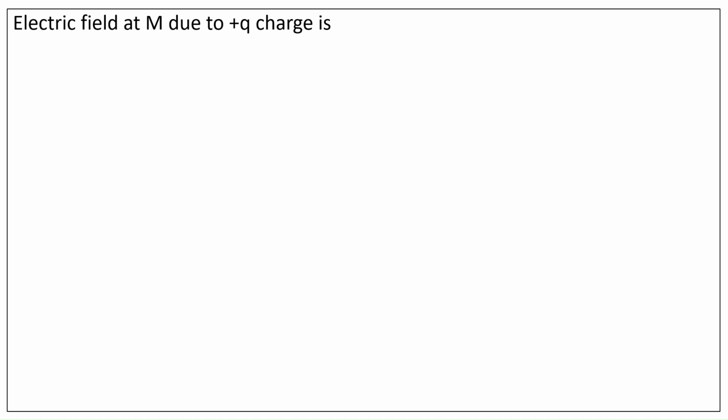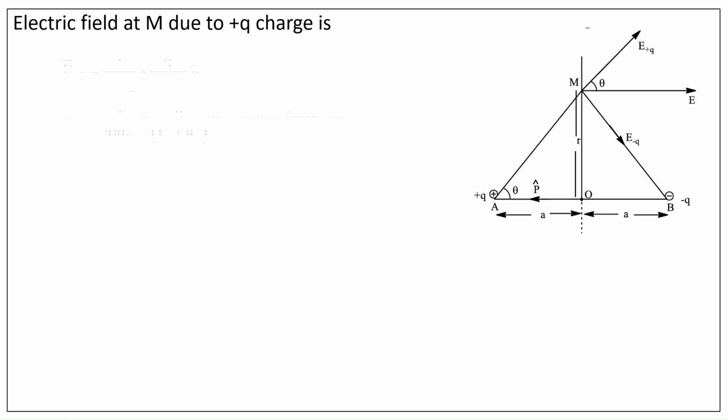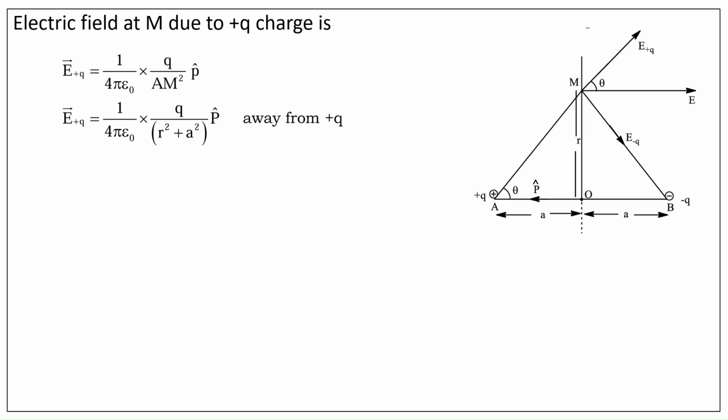Now, the electric field at M due to the plus Q charge is vector E plus Q is equal to 1 by 4 pi epsilon naught into Q by AM square into P cap. From the figure, AM square is equal to R square plus a square. Therefore, vector E plus Q is equal to 1 by 4 pi epsilon naught into Q by (R square plus a square) into P cap. Mark it as equation number 1.